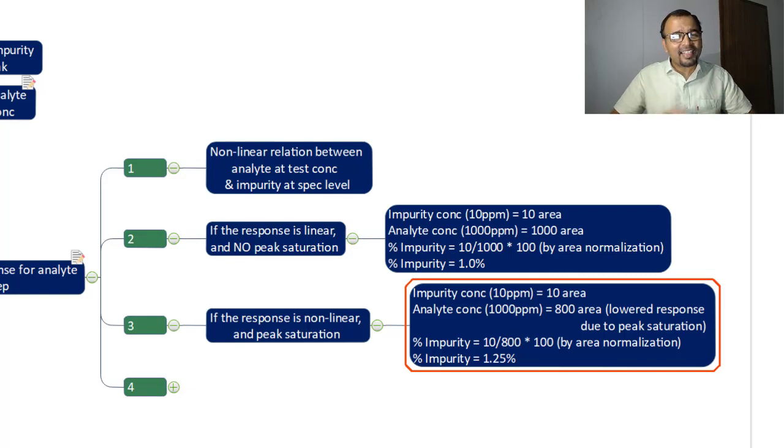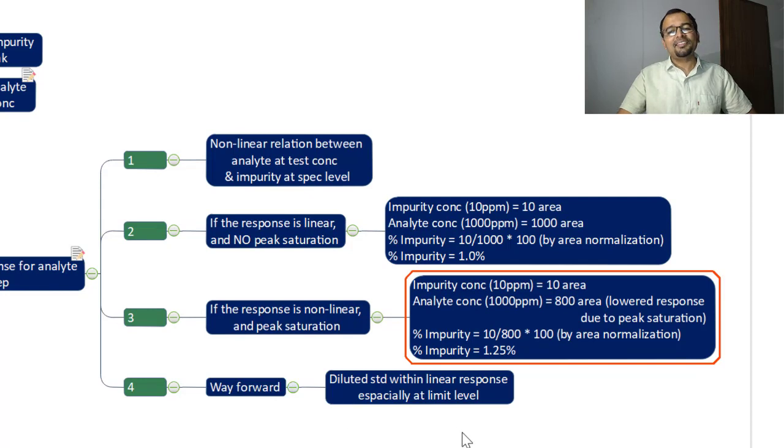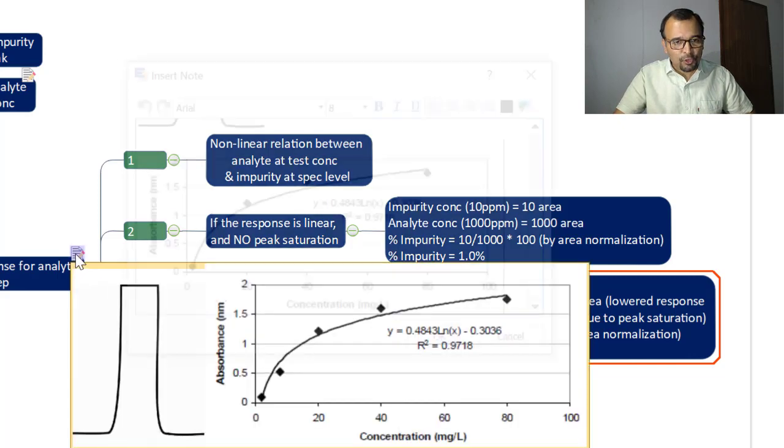So what are the other techniques that you can use in such a situation? You can use the diluted standard technique. Now, what is meant by diluted standard technique? You need to understand that at higher concentration, the response does not remain linear. I will show you in the diagram.